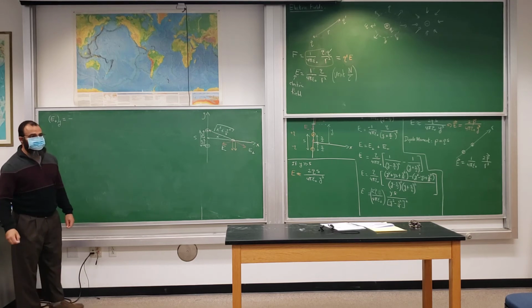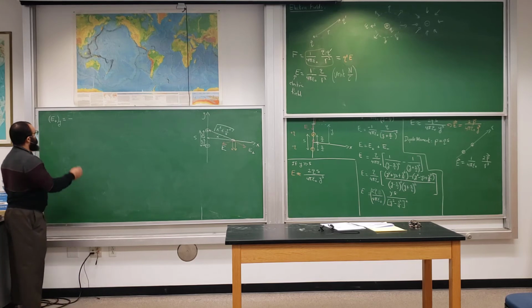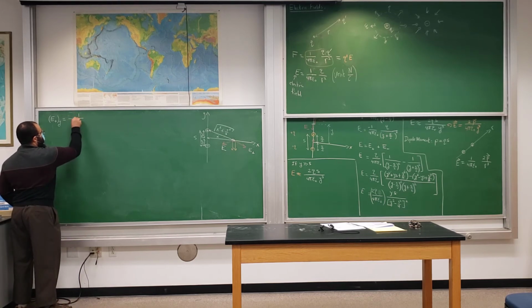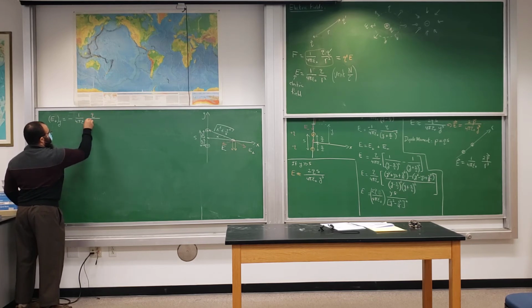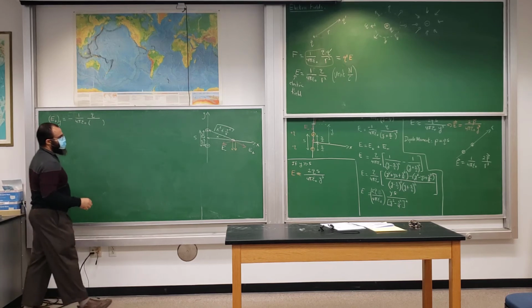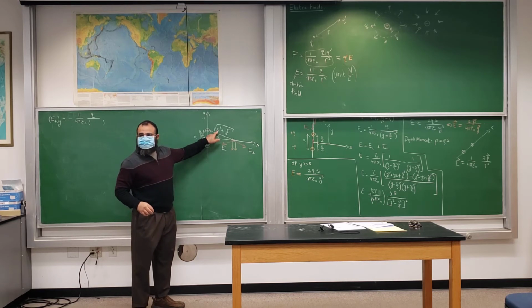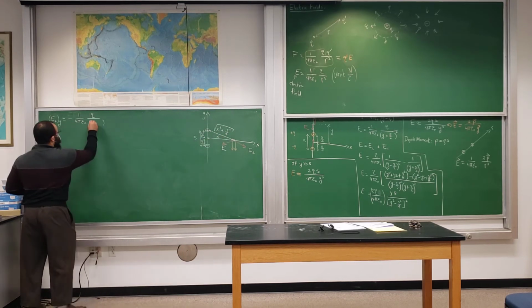It's equal to 1/4 pi epsilon naught, times the charge divided by the distance from the charge to the point I'm interested in, squared. When you square the square root, you just get x squared plus s squared over 4.